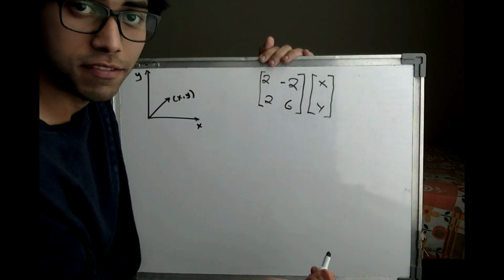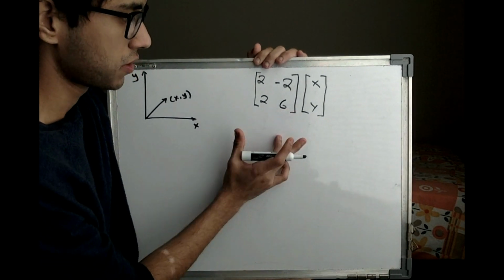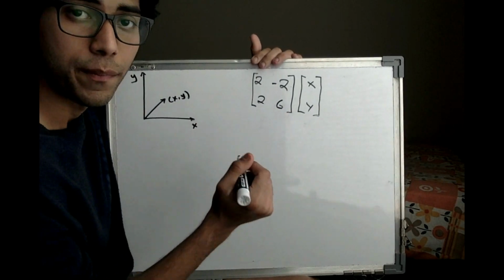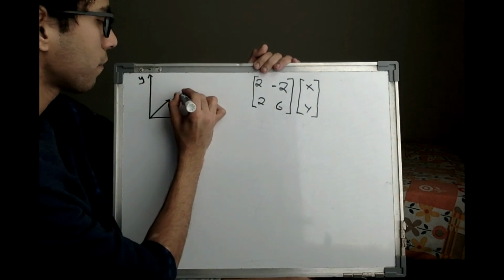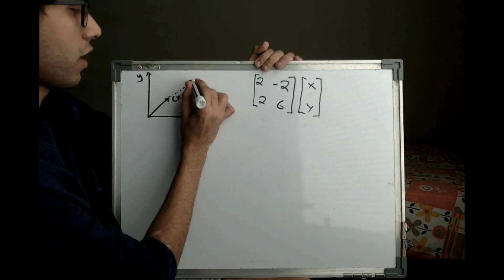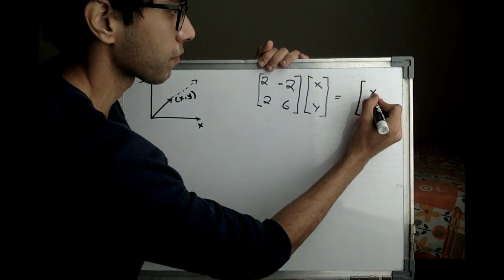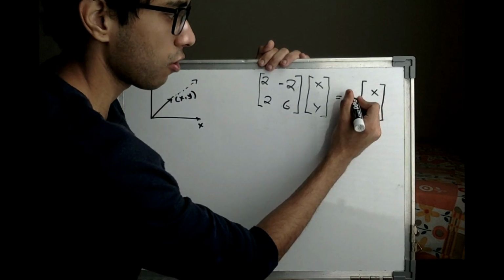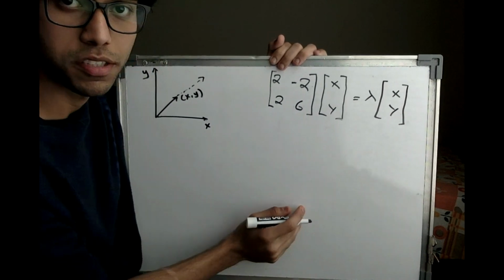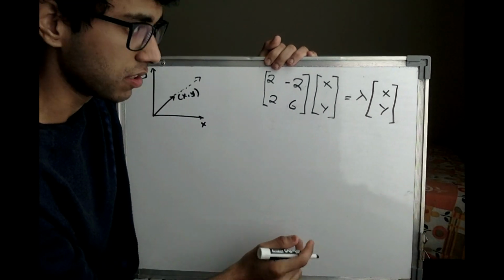By the definition of eigenvalues, when I transform this vector with this matrix, the output should be the same vector but scaled by a factor. Let's say my output will be that same vector scaled by a factor of lambda, which is the most common notation to state the eigenvalues.